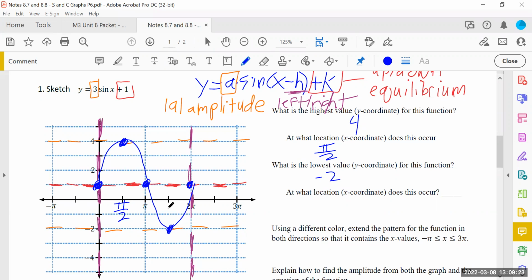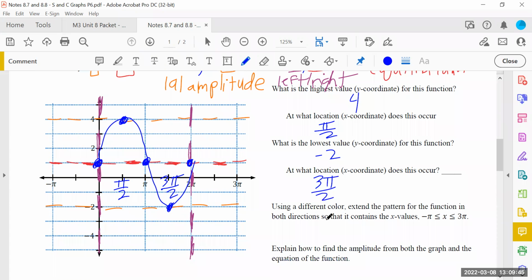You'll see it labeled most of the time as 3 pi over 2. That's how it would show up on your unit circle. That's how I'll refer to it. If you wrote 1.5 pi, that would be fine. So that's what we're going to put here. This happens at 3 pi over 2.